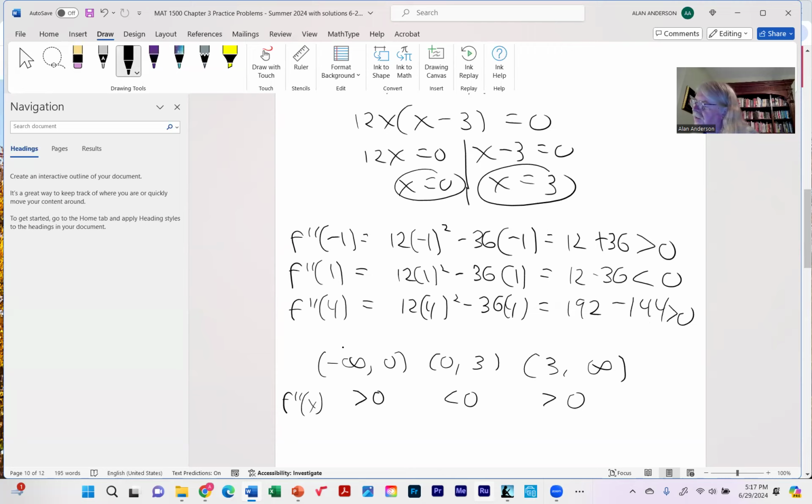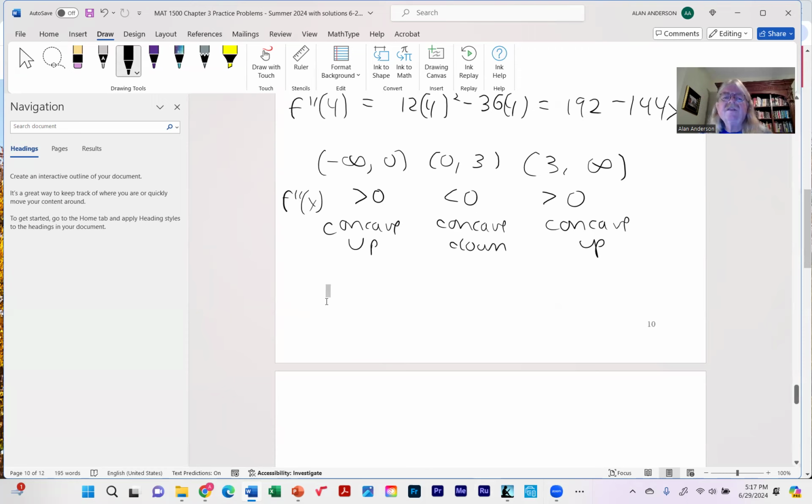Okay, so that means it's concave up here, concave down, and then concave up.